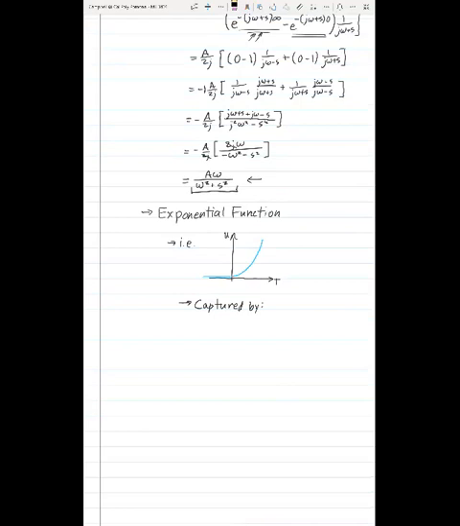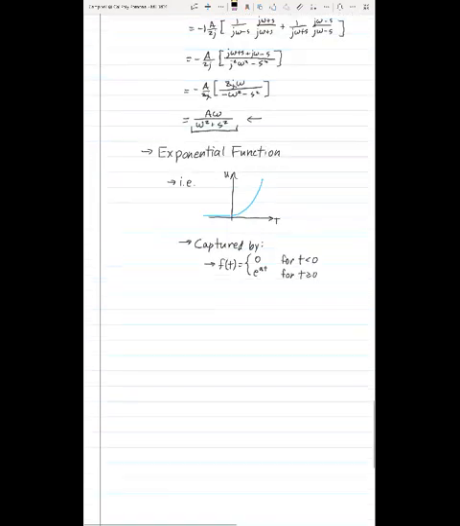And so this is going to be captured by f of t is equal to 0 for t less than 0, and e to the at for t greater than or equal to 0.